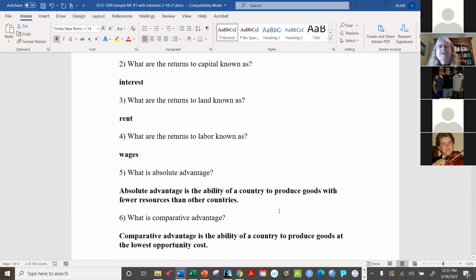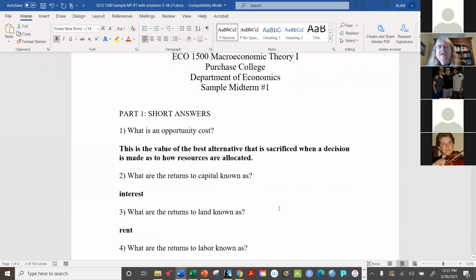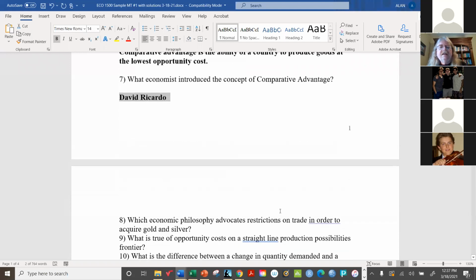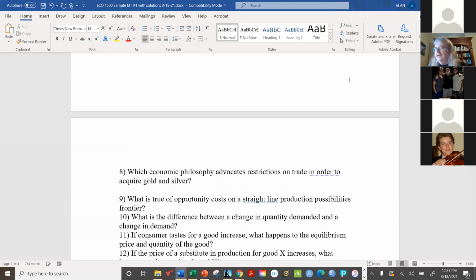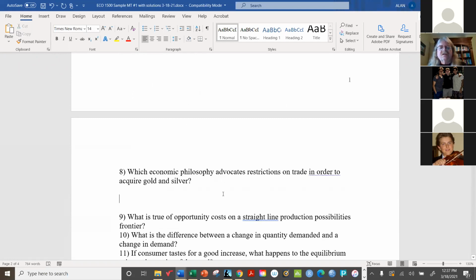Very good. So far, so good. Then we have which economic philosophy advocates restrictions on trade in order to acquire gold and silver? That would be mercantilism. And in fact, this is what Adam Smith was essentially criticizing when he decided to write his book, The Wealth of Nations.